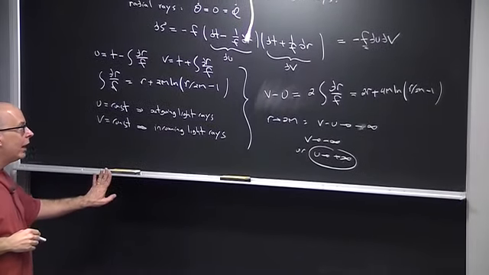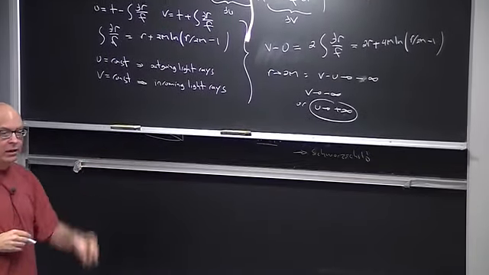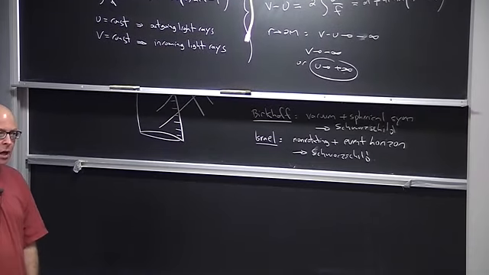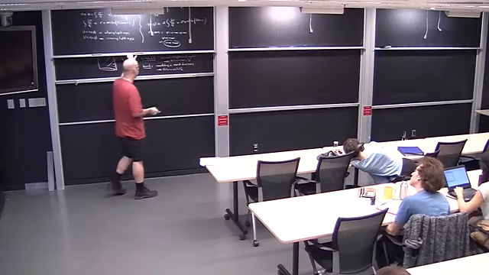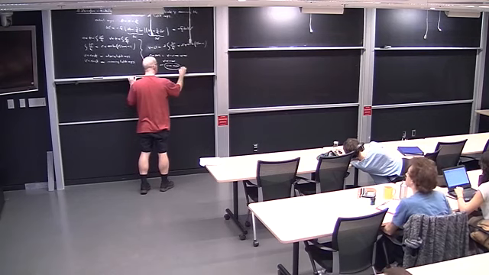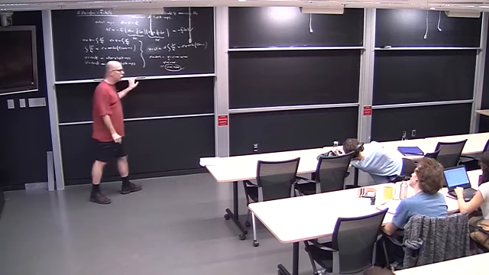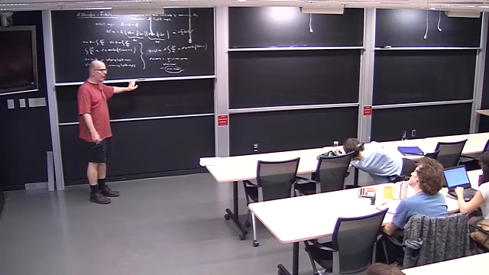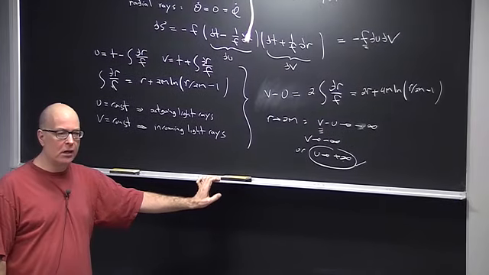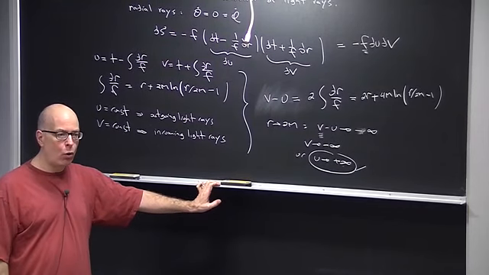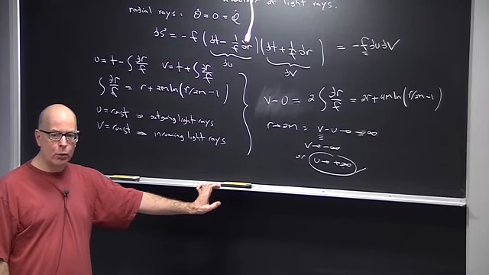So we'll come up with a way of curing this. There's a way of handling this that's pretty simple, and that gives rise to the Kruskal coordinates. But before we do that, I'll just notice that if this is really what's going on here, maybe what I can do is pick v as a coordinate. Forget about u. I'll just focus on v. And if I adopt v and r as coordinates, I'll have a perfectly fine metric to work with.